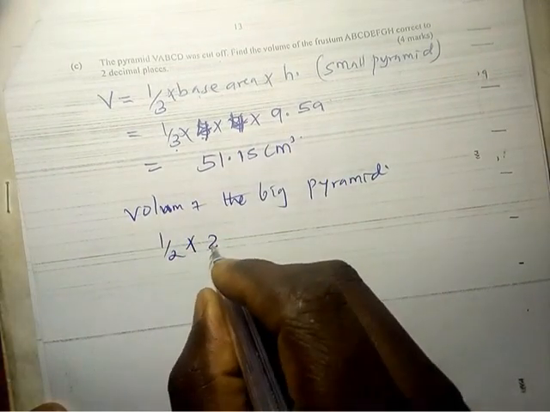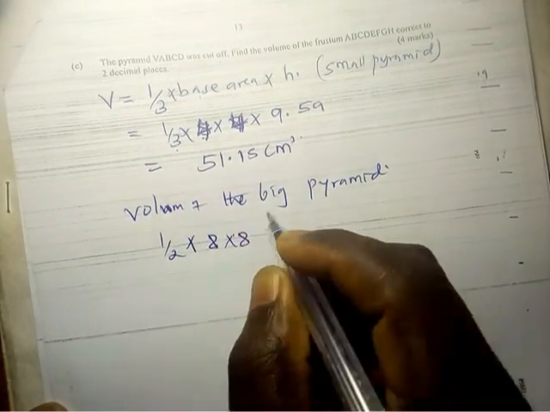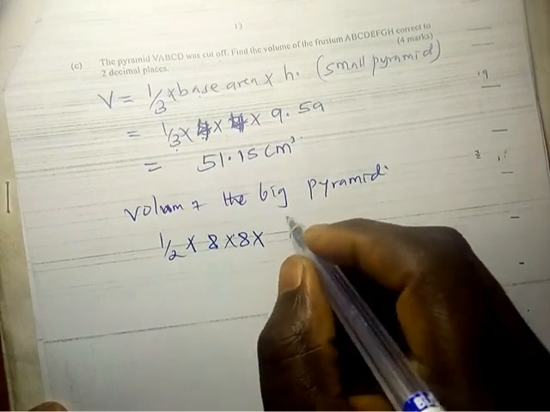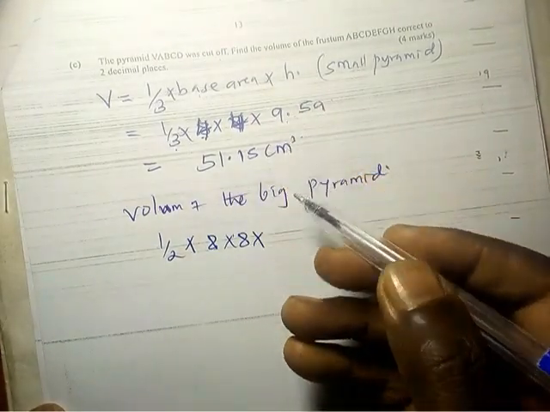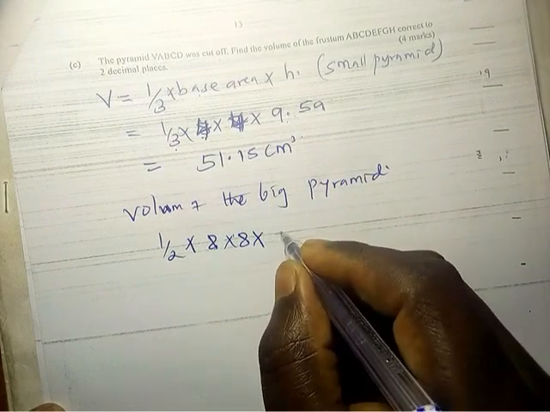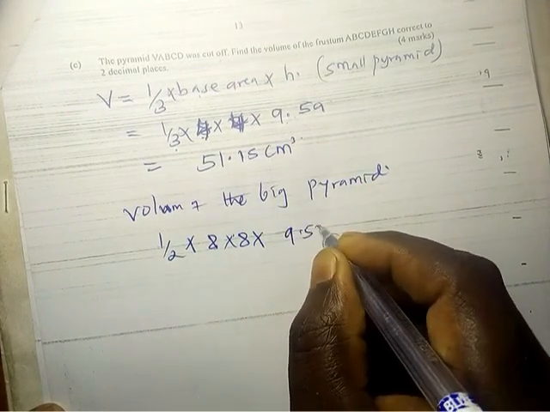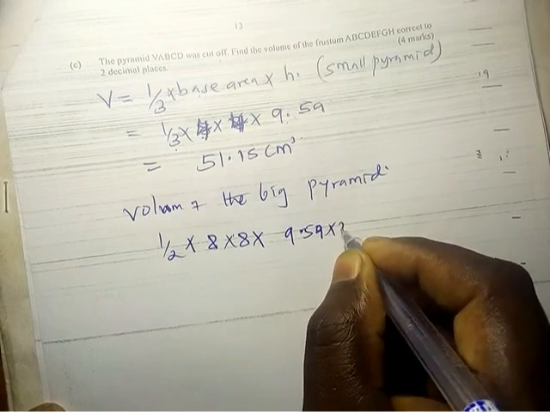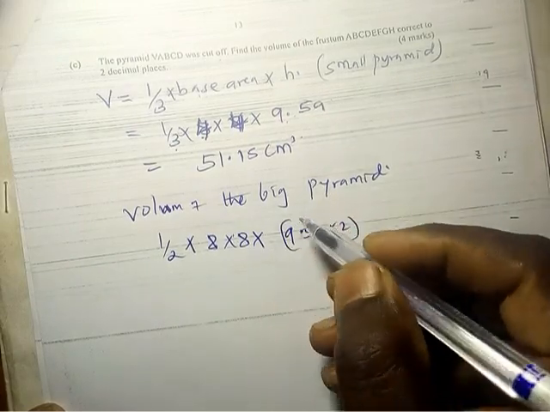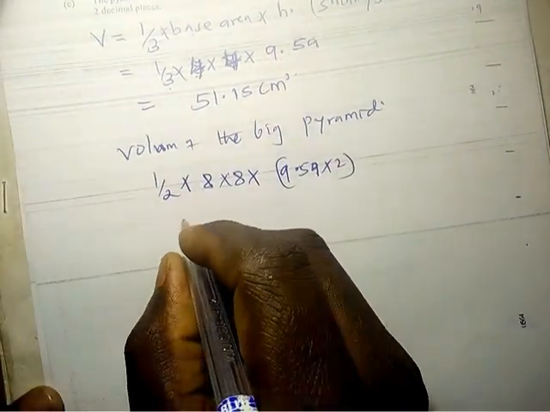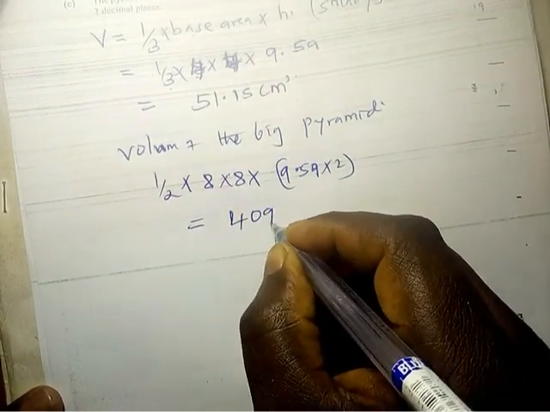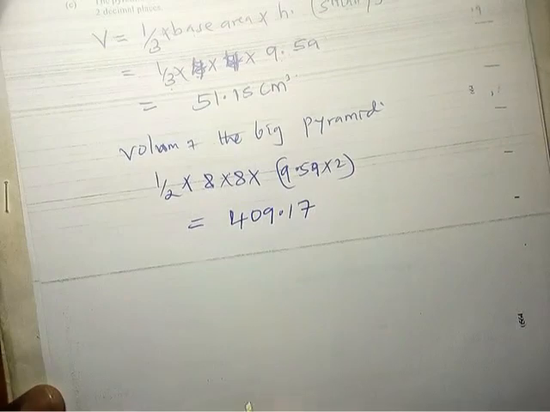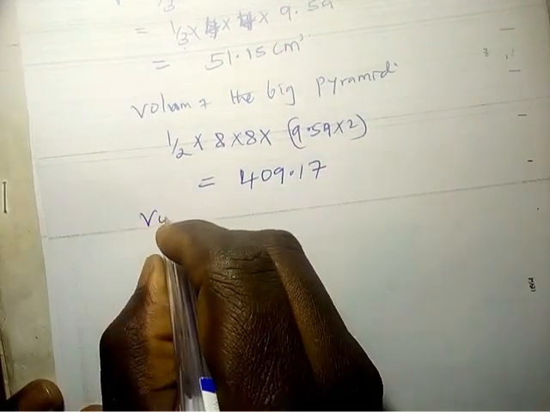So for the bigger pyramid, the base is 8 times 8, and the height is going to be twice that of the small one, because the ratio is 1 to 2. So that is now 9.59 times 2, the height of the big pyramid. And this one will give us 409.17.